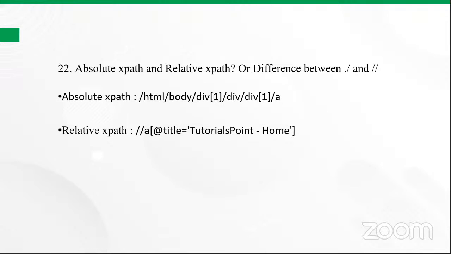If an element is added or removed, the path to the element that we want will not be correct. So we will not be able to identify the element using the absolute path, and hence our test script will fail. Is it clear? Absolute XPath and relative XPath.